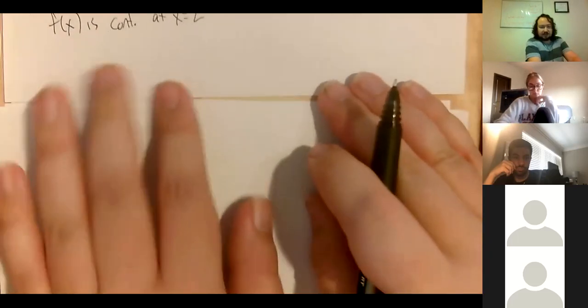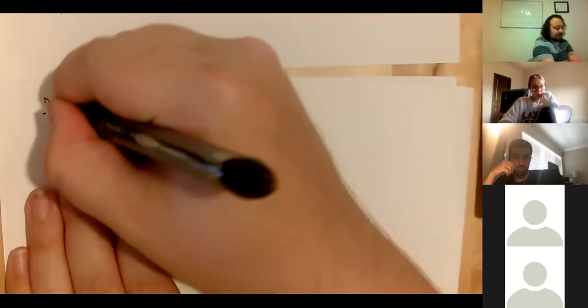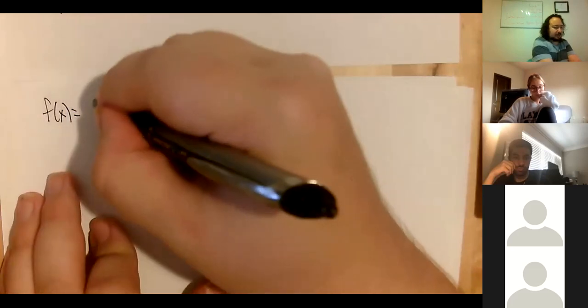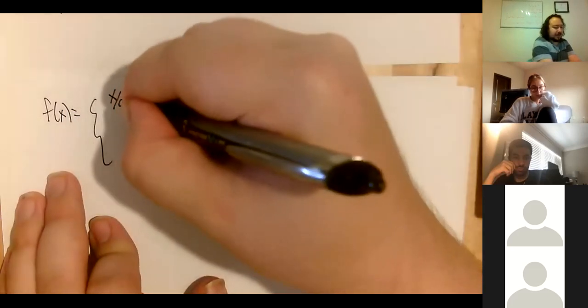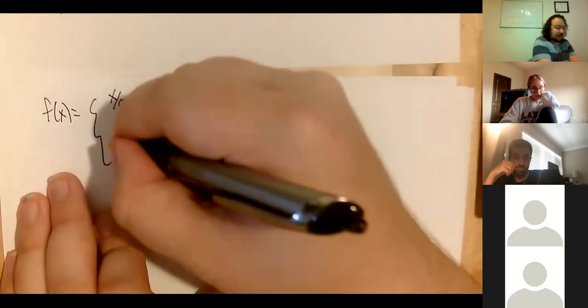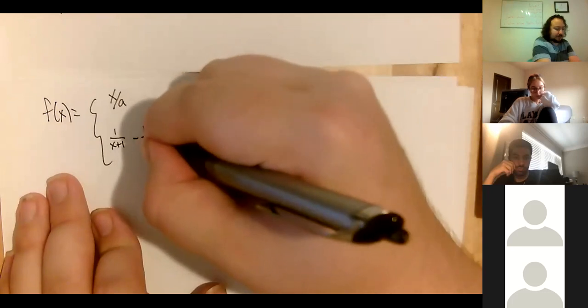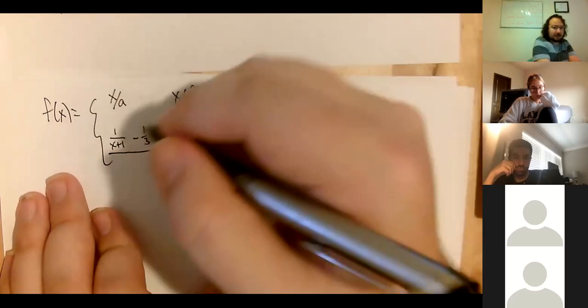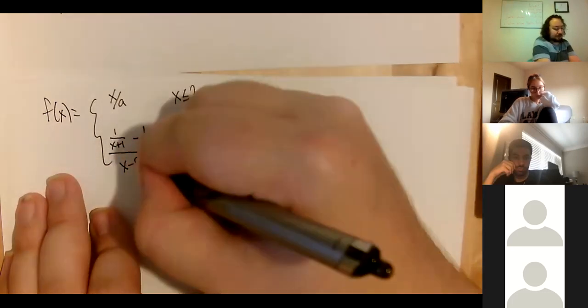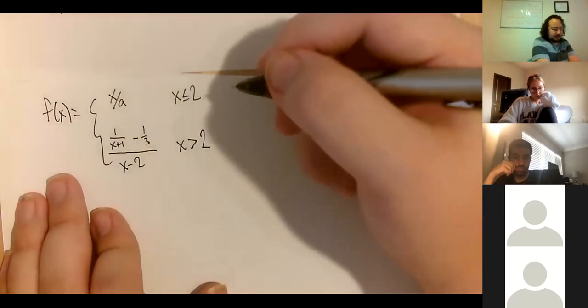Okay, and then they give us this piecewise function here. So f of x will equal x over A for x less than or equal to 2, and then 1 over (x plus 1) minus 1/3 over (x minus 2) for x greater than 2.